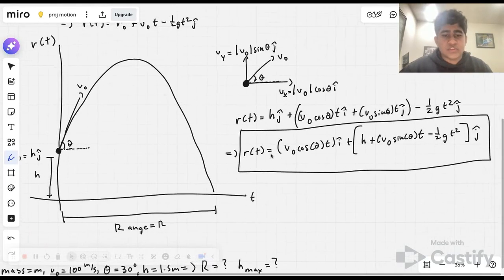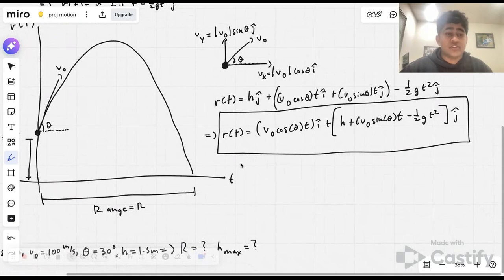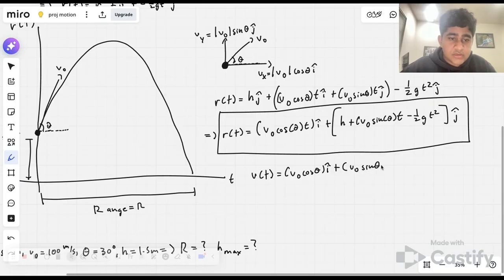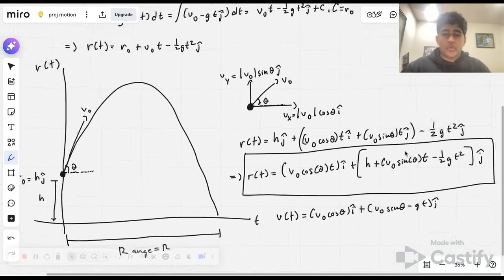So this is our r of t, and now let's actually differentiate that to get v of t. So you get v of t is equal to v naught cosine theta i plus v naught sine theta minus g t j. What do we know about this?